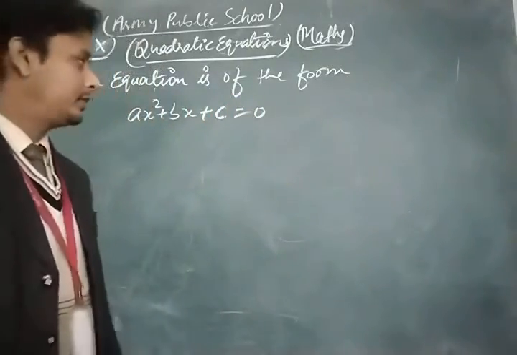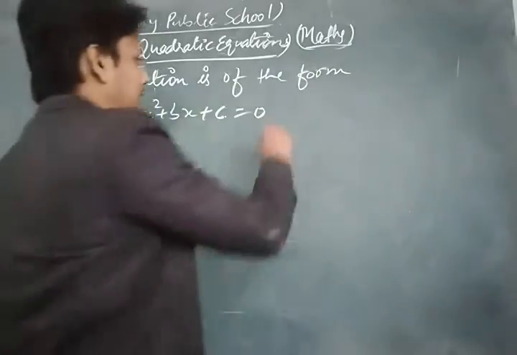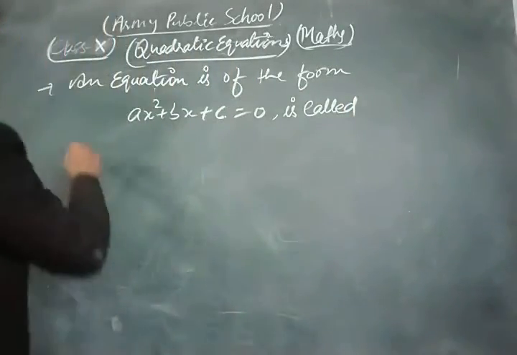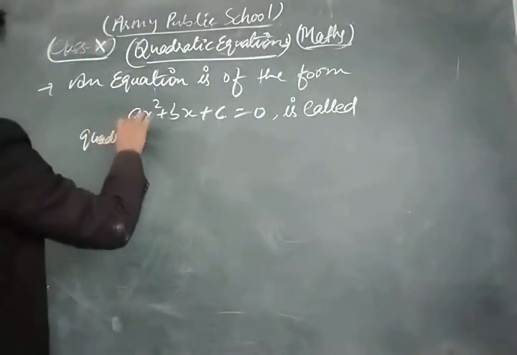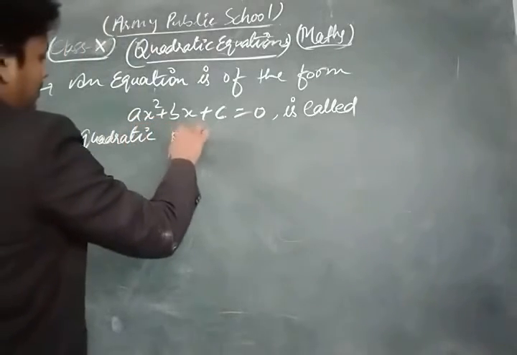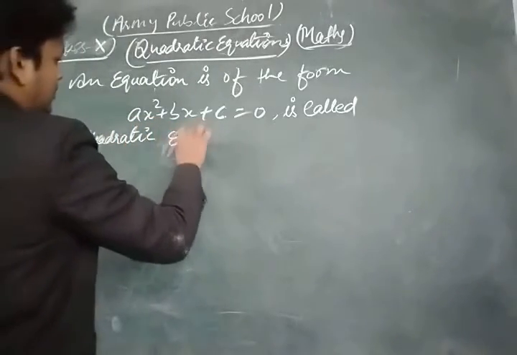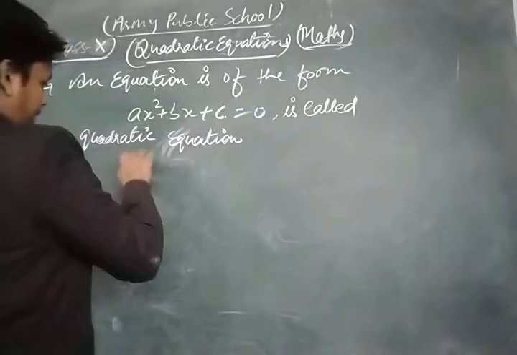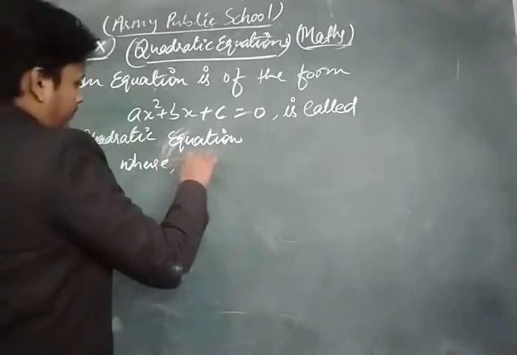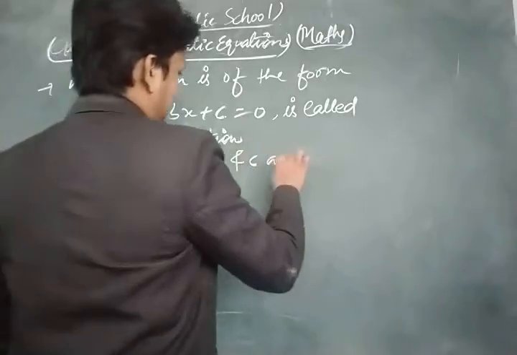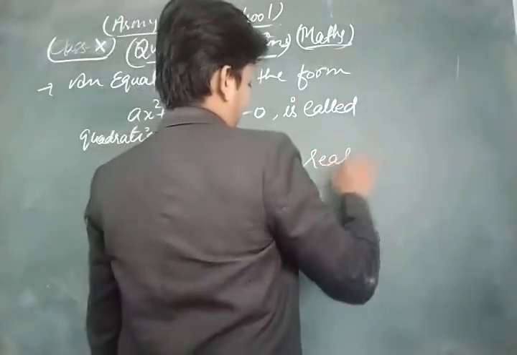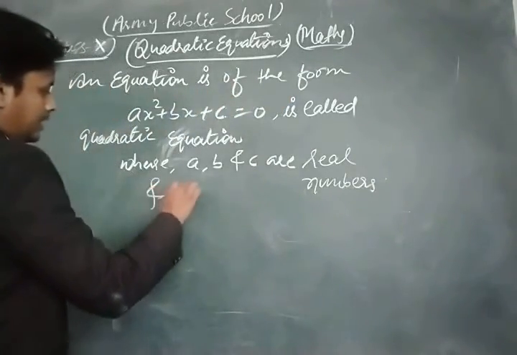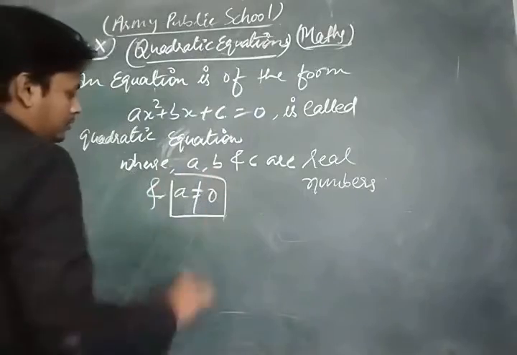An equation of the form ax square plus bx plus c is equal to 0 is called a quadratic equation, where a, b and c are real numbers and a is not equal to 0.